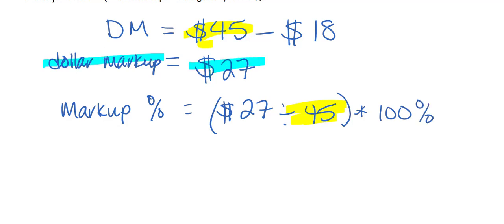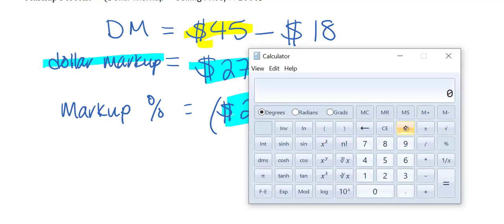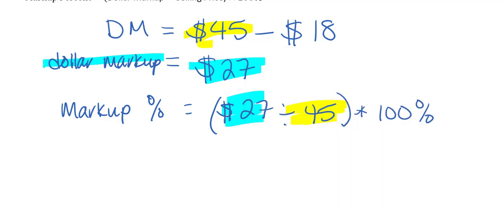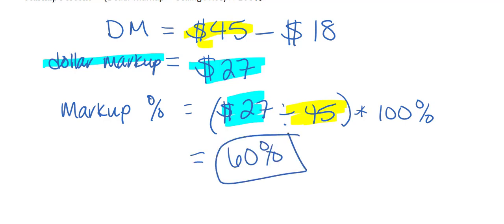The dollar markup became 27, and that's why it's in the second equation. So we have 27 divided by 45. We multiply it by 100, and we get 60%. So our markup percent is 60%.